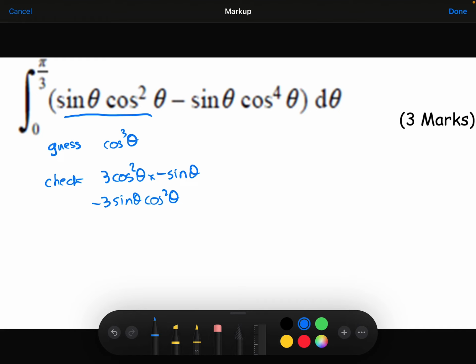Compare that to the original, and we can see it's nearly there. It's just 3 times too big, and we've got a minus. So let's divide it by 3 and put a minus at the front. And now we know that this is the integral of this.